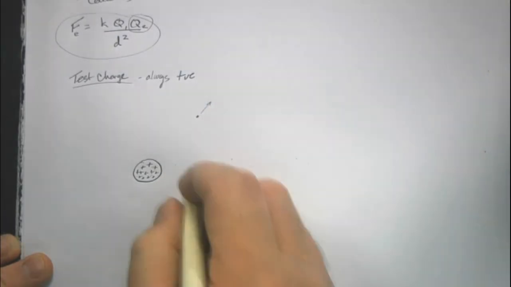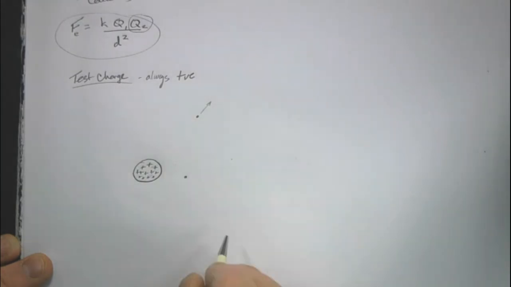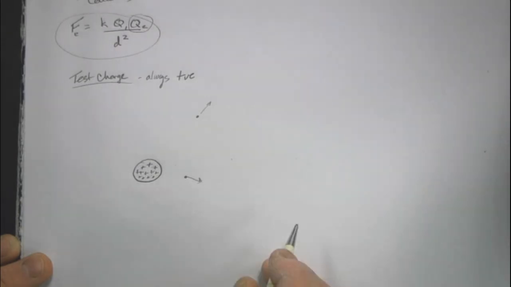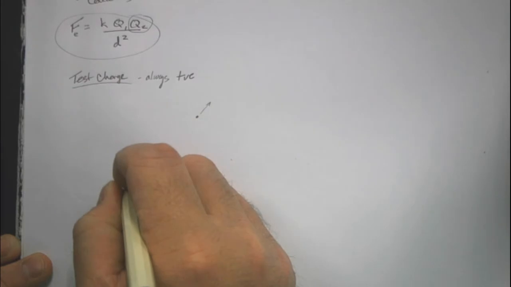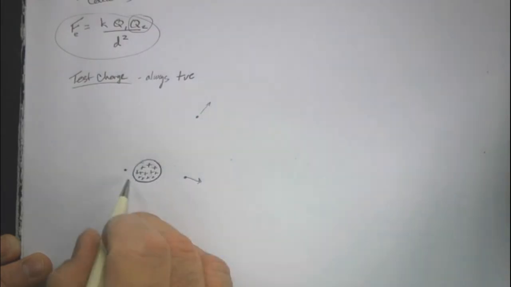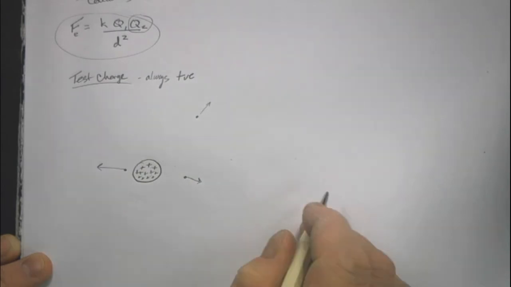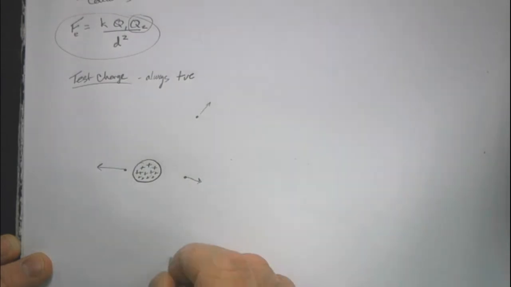Then if I put another one here, it's going to go away from our central charge. This one is really close, so it's going to have a longer vector. If I put one way over here, it's going to have a smaller vector, right?